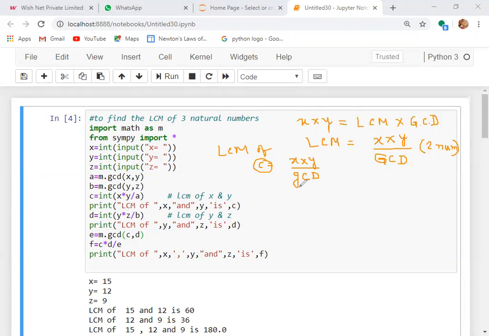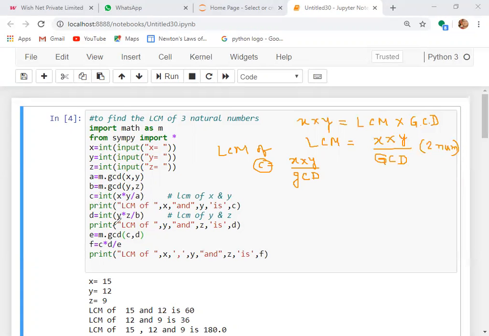Because the product divided by GCD is the LCM. That's why we wrote here as a comment that C is the LCM of x and y. To make it an integer value, we write int. So C will be an integer, x into y divided by A, because A is the GCD.